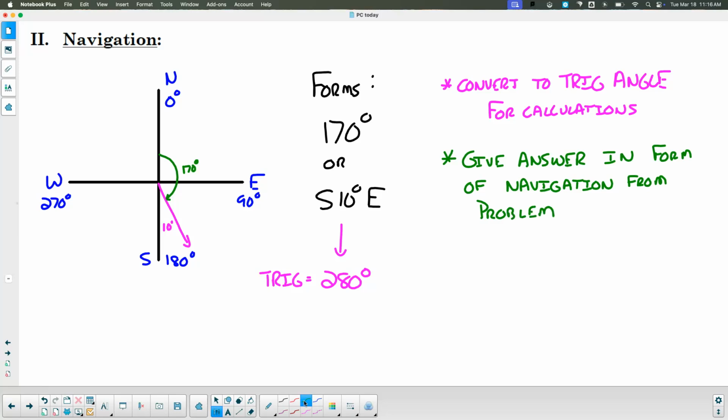Meaning, if the problem said 170 degrees, we would want your bearing or your heading in that navigation straight up form. If the problem comes as south 10 degrees east, then we need you to convert your navigation answer into that form also. Whichever form the problem is, that's the form we want the answer in.